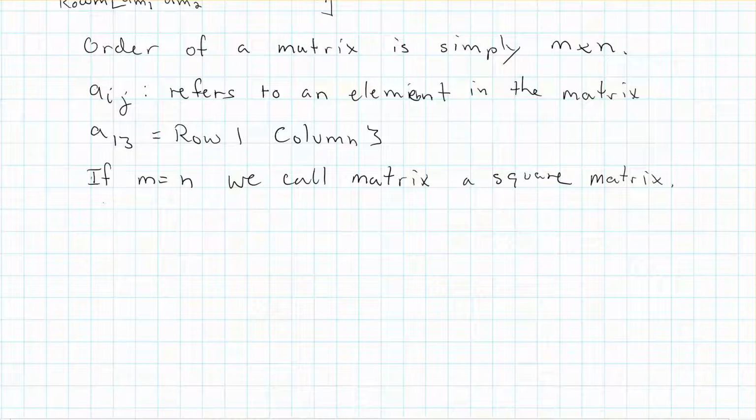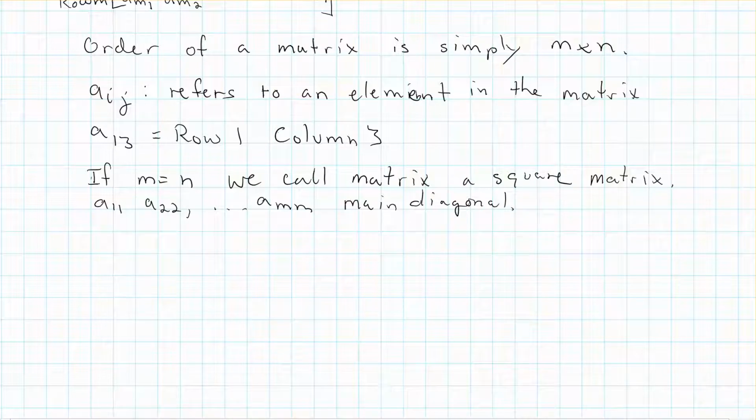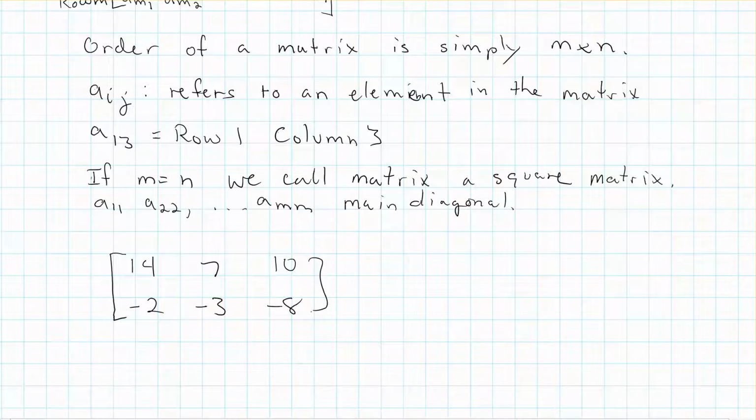In the case of a square matrix, A11, A22, all the way to A m m is what we call the main diagonal. So this is a lot of just terminology, but let's look at a quick example of a matrix here. Let's look at negative 4, 7, 10, negative 2, negative 3, negative 8.